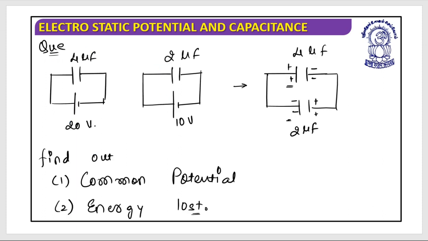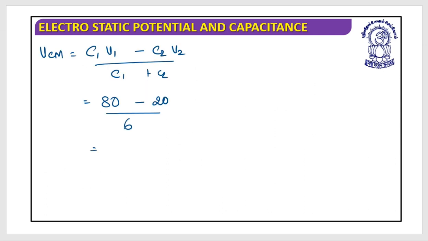If you don't know this, you can have a copy of that. So it's 80 minus 20, 60 by 6, it's 10 volt. This is the common potential.